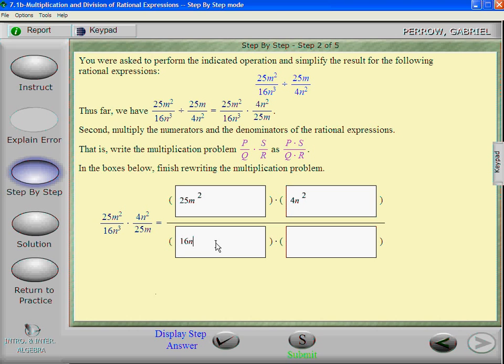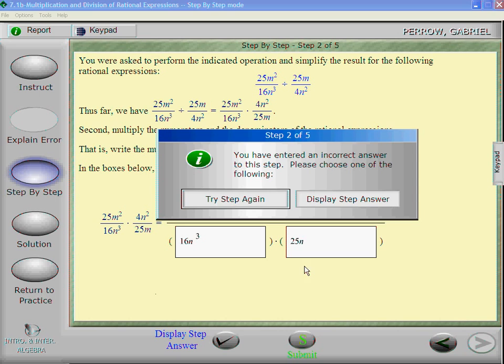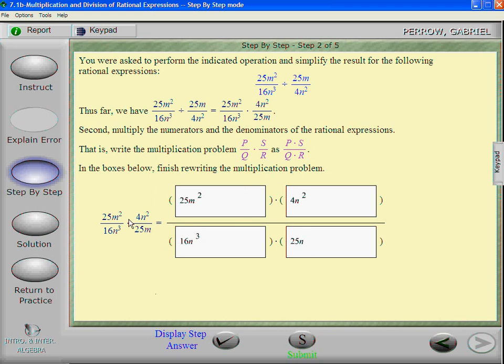So when you're doing this out on paper, what you'll probably do is just have the same stuff, but you're going to multiply it on top and on bottom, kind of have it grouped in these parentheses like they do is fine. Oops, I must have missed typing in something here. 25m squared times 4n squared, 16n to the third, 25m.